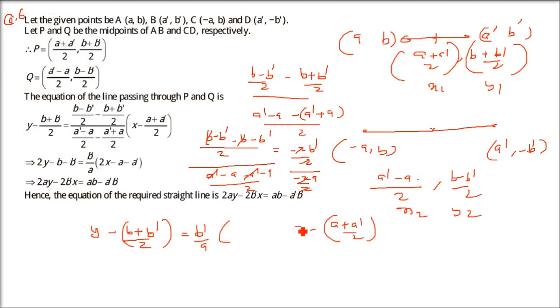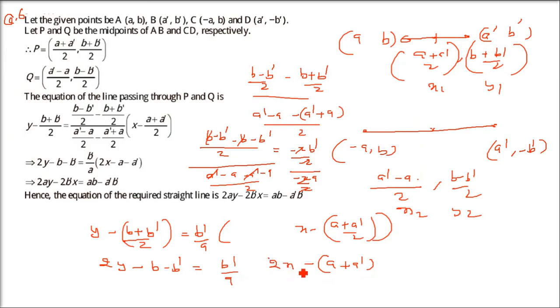So you have already this x minus a plus a' by 2. Now just multiply it. Multiply both sides by 2. 2y minus b' equals b' by a, and this would be 2x minus a' minus a'.